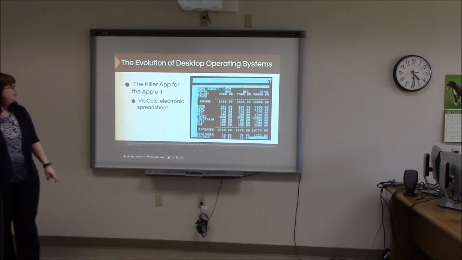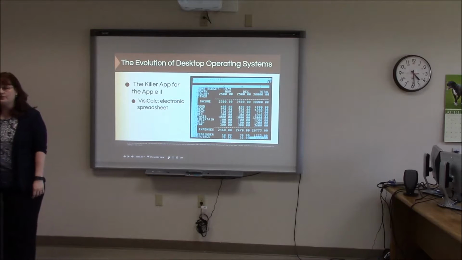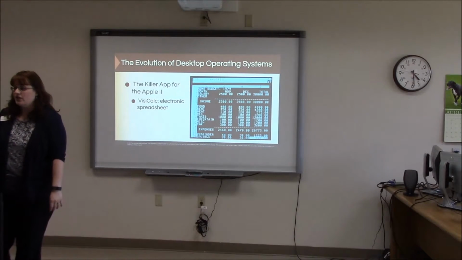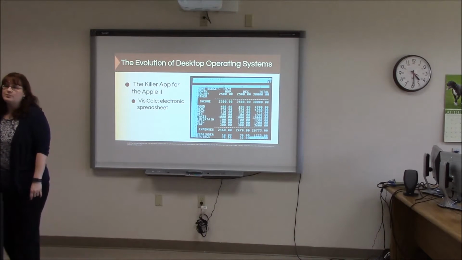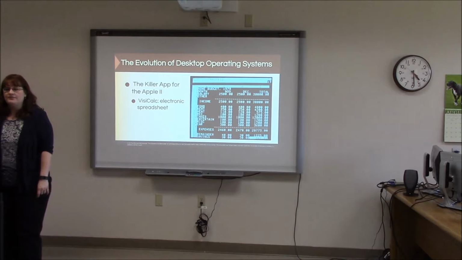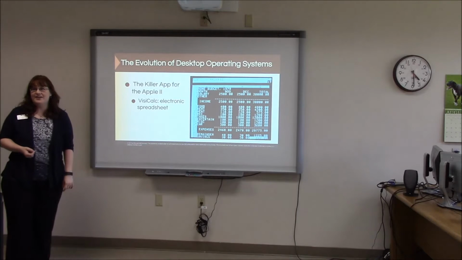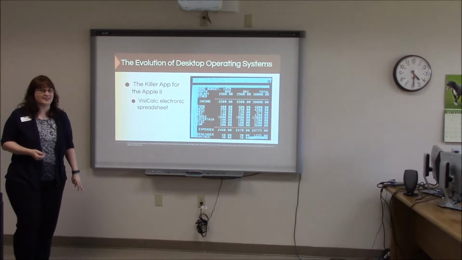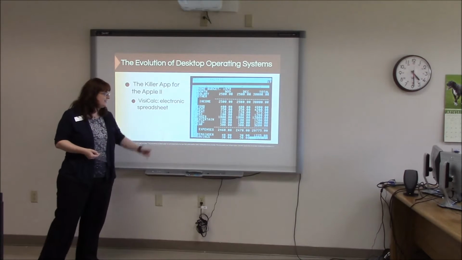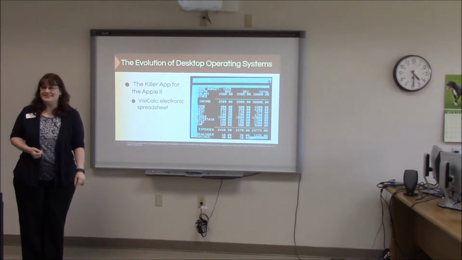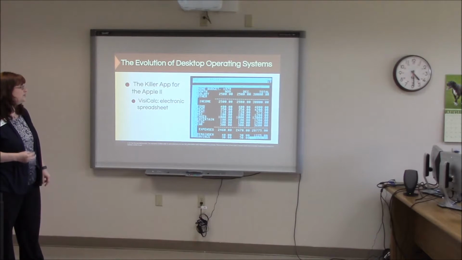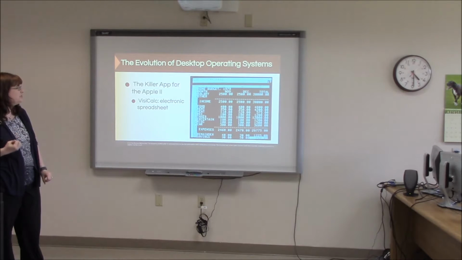So the Apple II had what we call a killer app. A killer app is an app that a lot of people need enough to purchase a computer. For the Apple II, that was called VisiCalc, a very, very sophisticated spreadsheet, as you can see. This is VisiCalc. Google is amazing, right? So here you have black and light turquoise blue text.